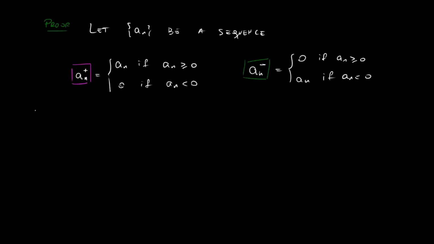That is, if our sequence, this is the 0, if our sequence is doing something like this, then the positive one would take all these positive elements and also these two that are 0, and the negative one would take all these negative numbers but also these ones that are 0.